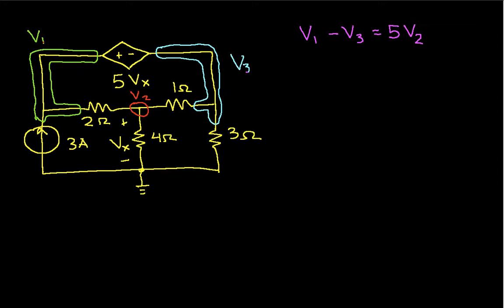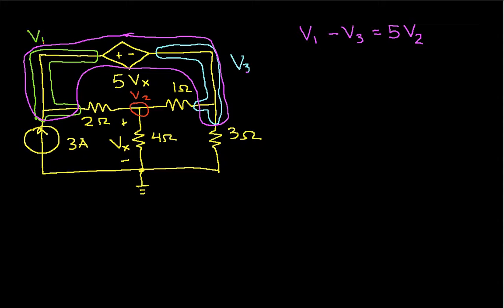We still need to get another equation from node 1 and node 3, and the way we will do this is by defining a supernode, which again we do when we have a voltage source between two nodes. So here's the supernode. Okay, and what we'll do is apply Kirchhoff's current law to the supernode, and we'll basically say the sum of currents entering the node is equal to the sum of currents leaving.